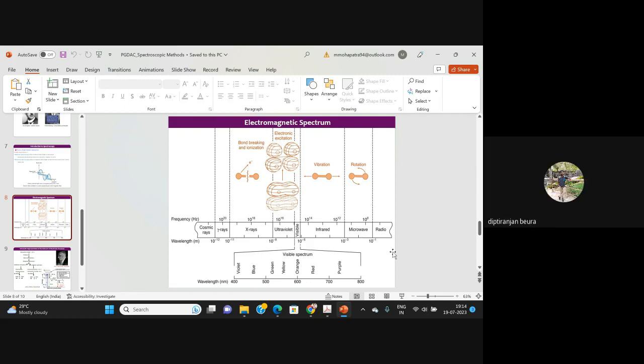Log I0 by I. So Beer-Lambert's law: if you go for the UV-visible spectrophotometer, there you will find the reference as well as the sample.